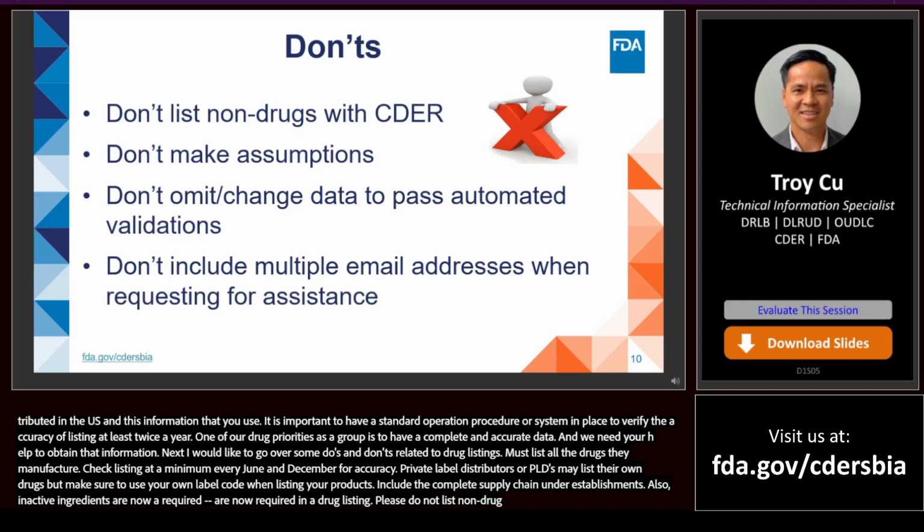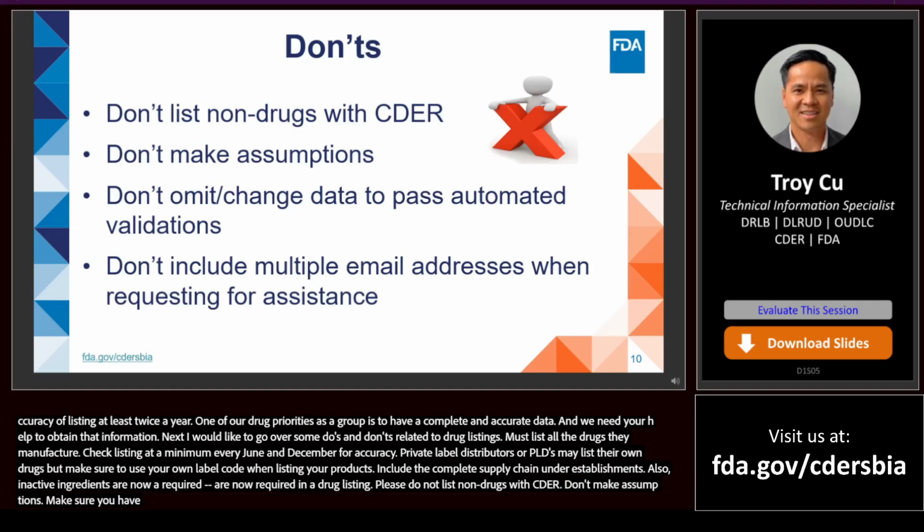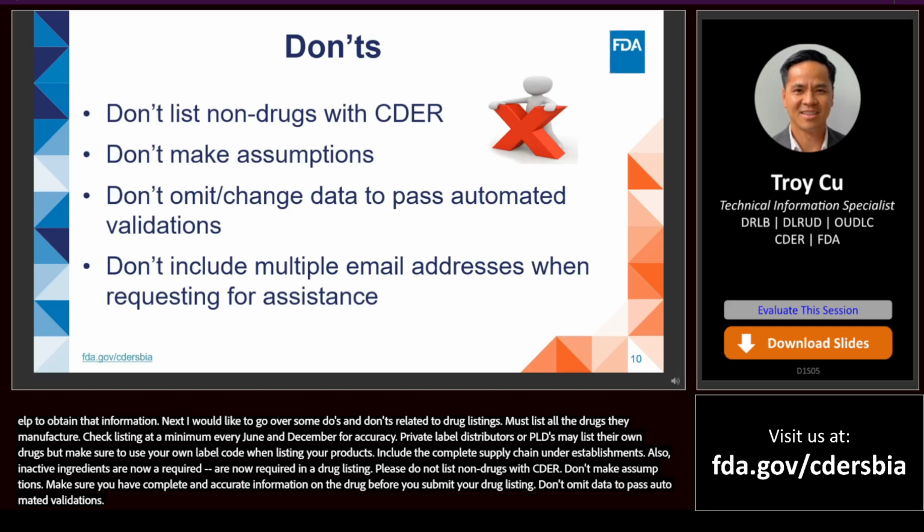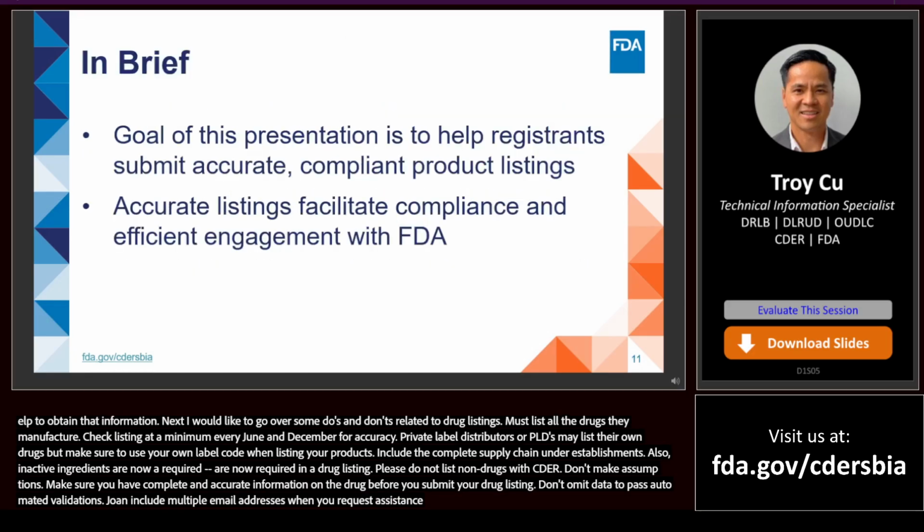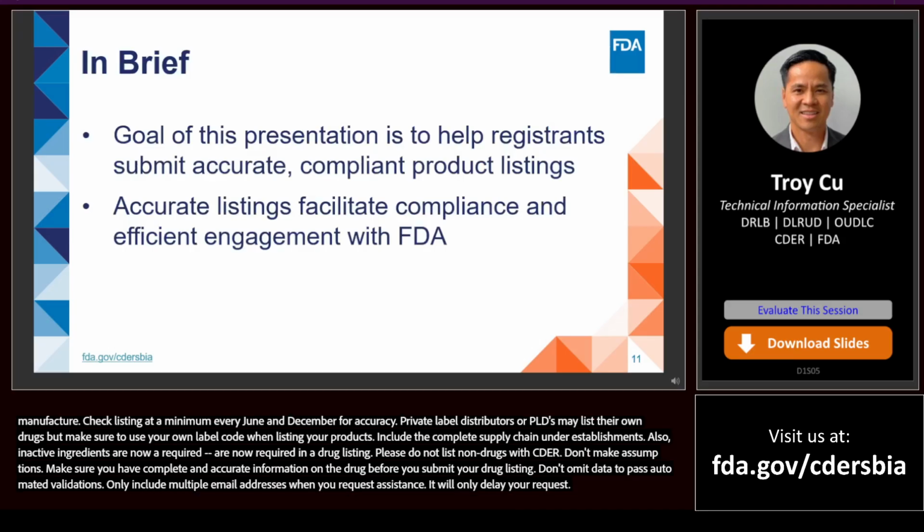Also, don't make assumptions. Make sure you have complete, accurate information on the drug before submitting your drug listing. Don't omit data to pass automated validations. Don't include multiple email addresses when you request system access. It will only delay your request. In brief, the goal of this presentation is to help registrants submit accurate, compliant product listings.